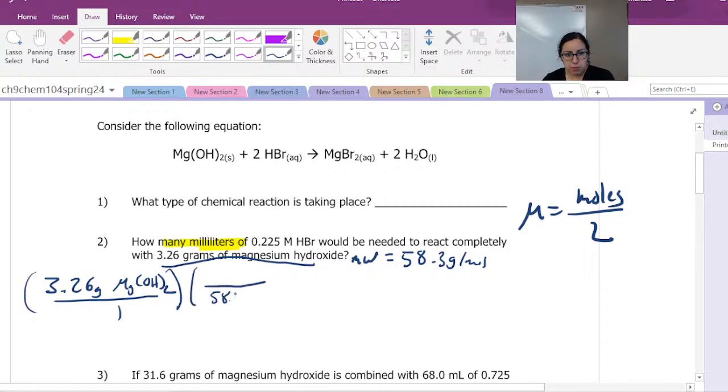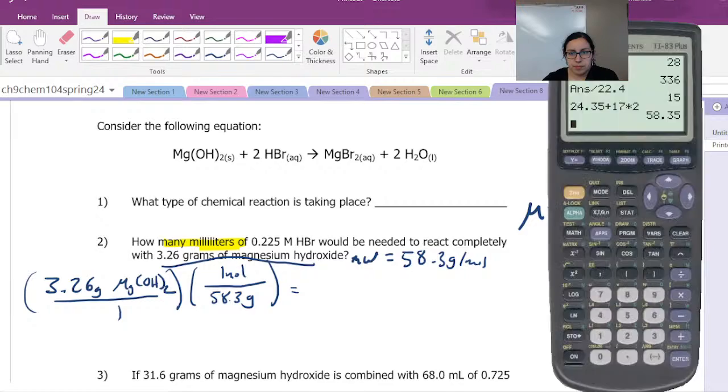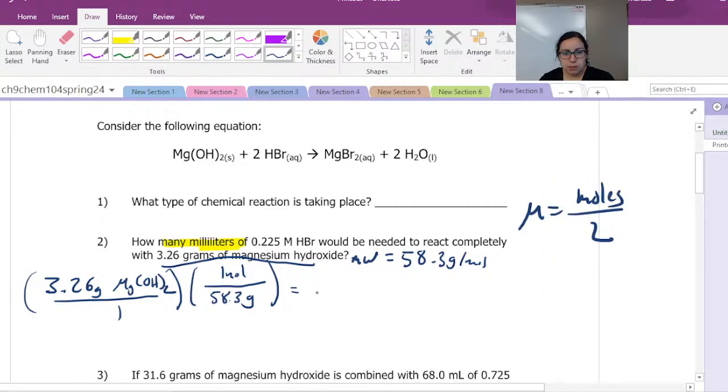So 58.3 grams on bottom, mole goes on top. So let's just divide that, so 58.3. And so then that gives us moles of magnesium hydroxide, so about 0.0559 moles of magnesium hydroxide. So now what do?